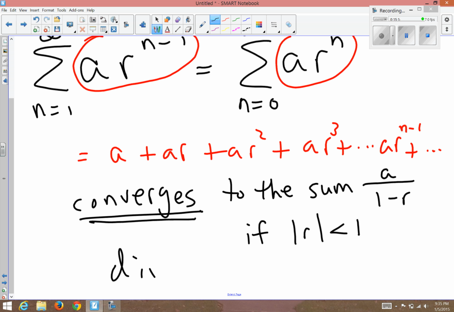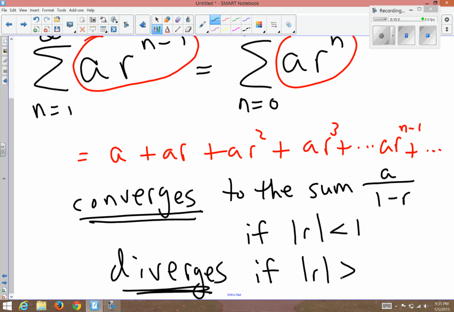And diverges, that means you can't find the sum, diverges, if the absolute value of r is greater than or equal to 1.